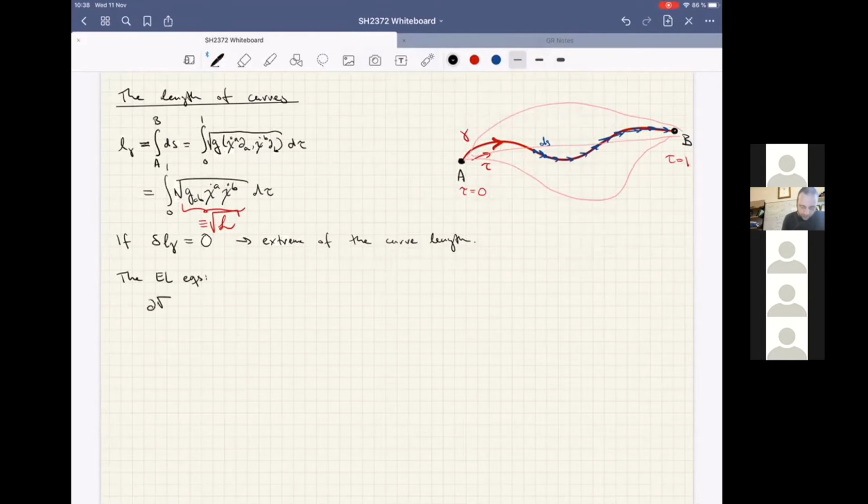So I take the derivative of this integral with respect to the coordinate chi a, minus d tau, and the derivative of this square root with respect to the d chi dot a. And in order for the variation to be 0, this needs to be 0.